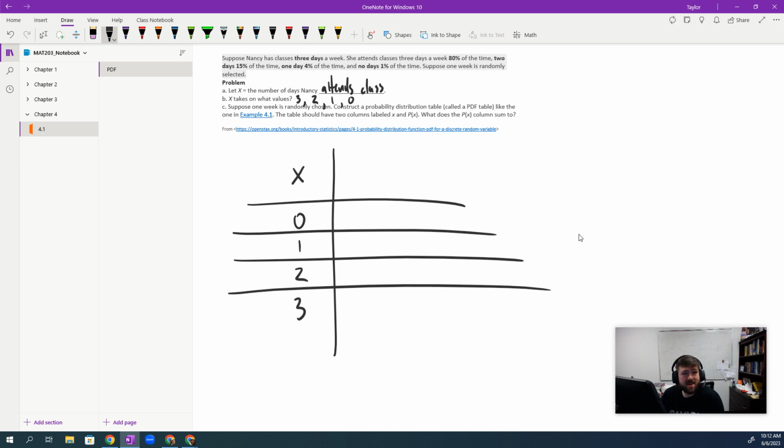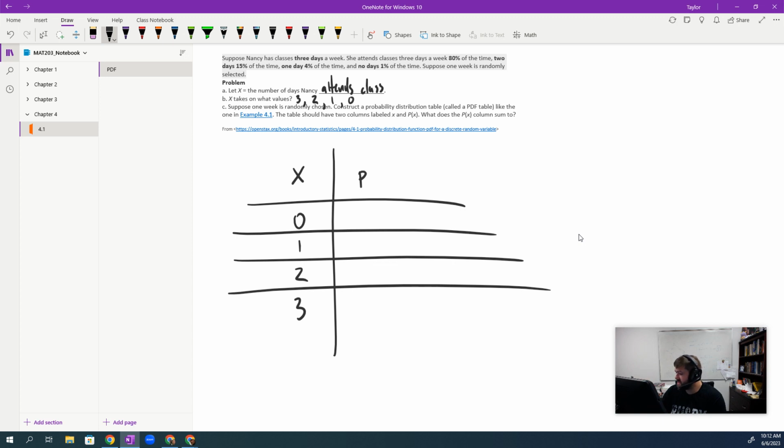I suppose on some level you could have half days, right? She might show up for half, but maybe we're saying, by the way, we're categorizing the variable. We say attends class, even if she doesn't stay the whole time. If she shows up, we can call that attends class. So then we don't have half days or, more importantly, values in between. So this is a discrete variable.